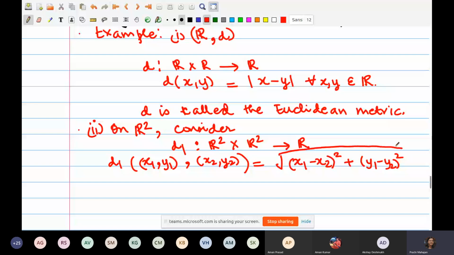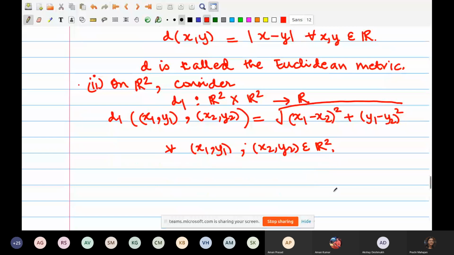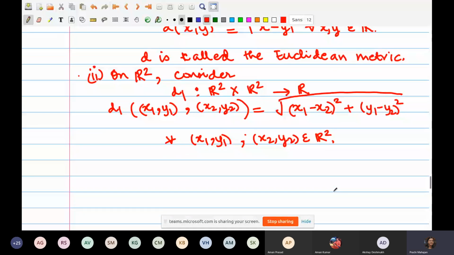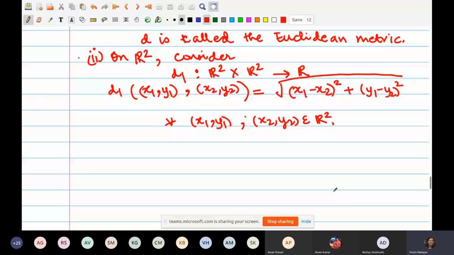This is for all tuples x1, y1, x2, y2 in the two-dimensional Euclidean space. Does the definition make sense to everybody? Yes, ma'am.